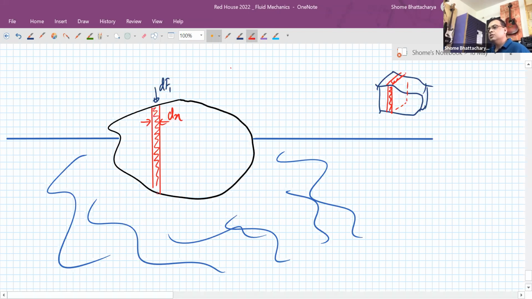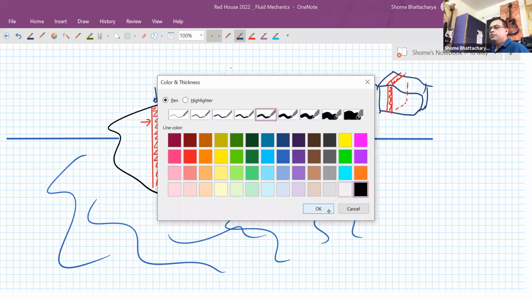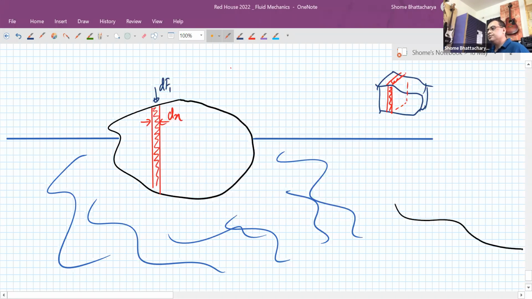Because we are considering a differential element here, when you look down at the surface at the top, the shape is curved. But when you divide it into differential strips like this, accordingly, this shape can also be cut like this, and this shape can also be cut in this kind of manner.